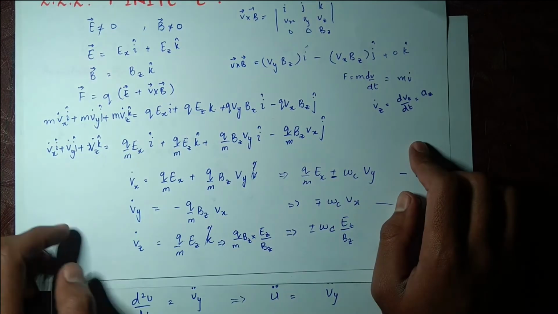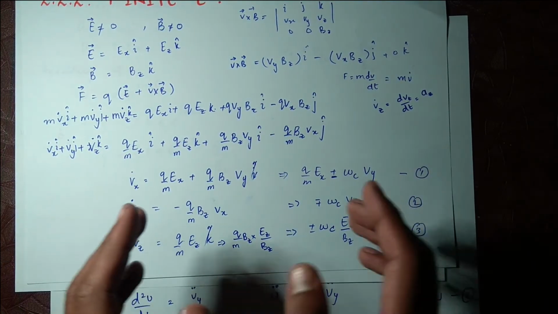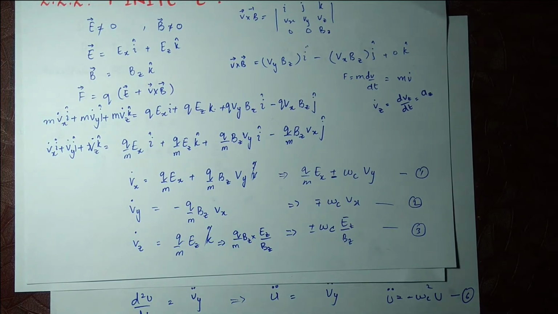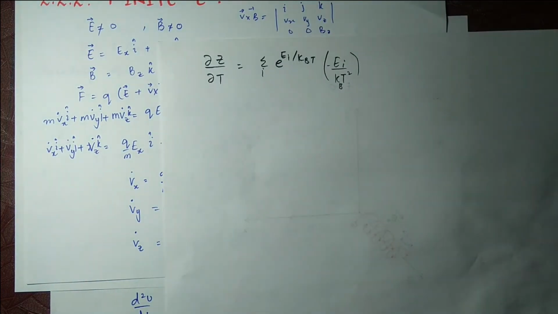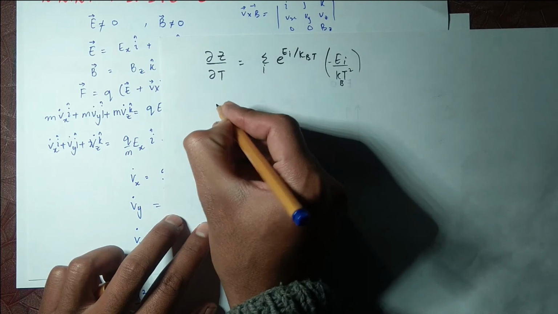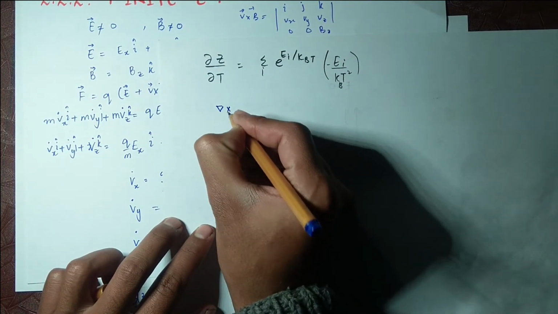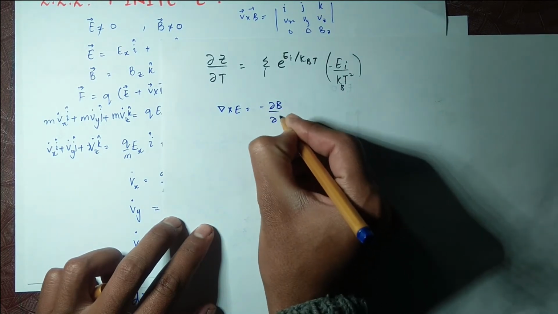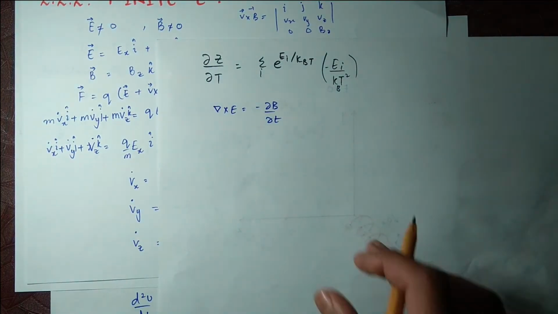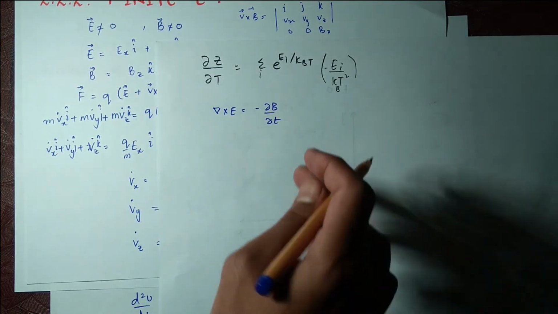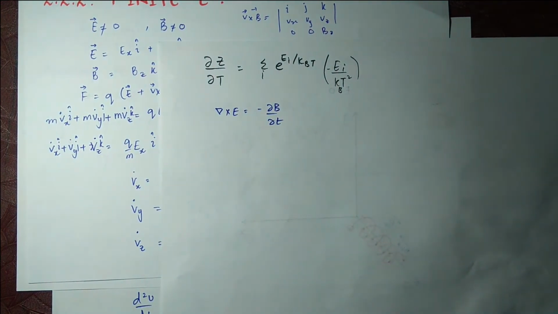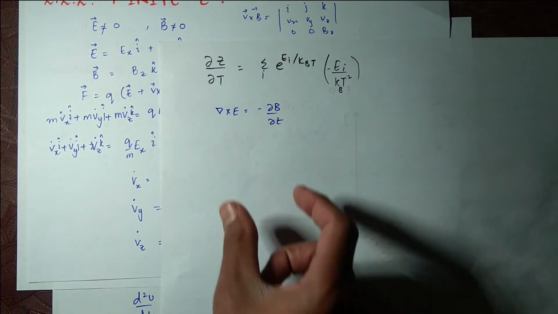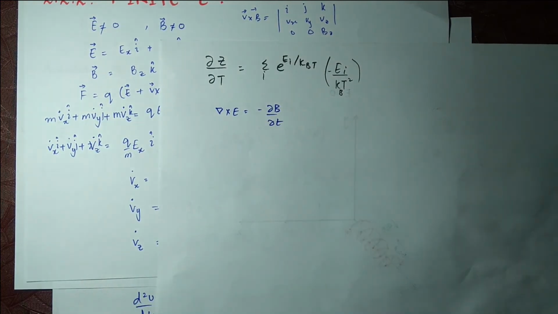There are four Maxwell equations, and for example, I show you one: curl of E, the differential form of Faraday's law, is equal to minus partial B by partial t. This is a Maxwell equation, and it is a coupled equation. How is this a coupled equation? The question will arise in your mind.